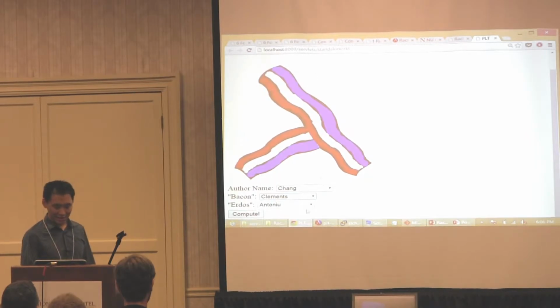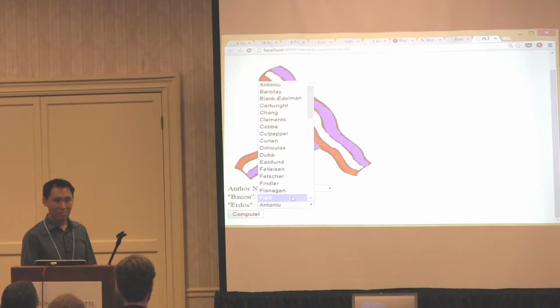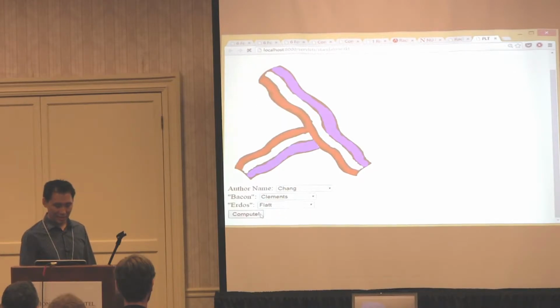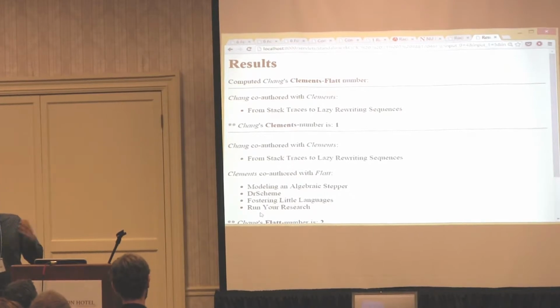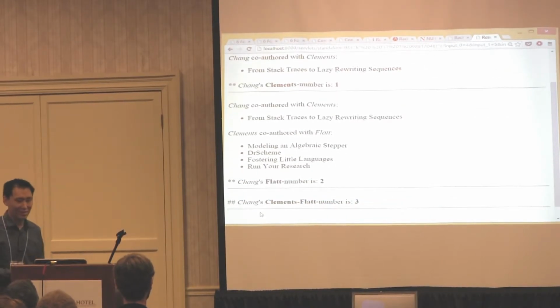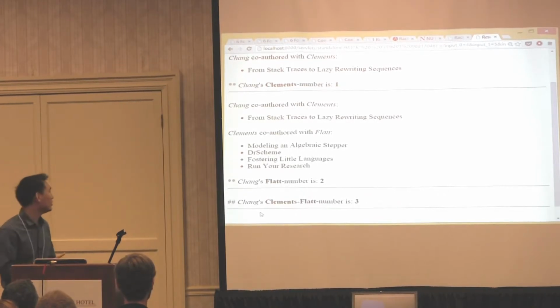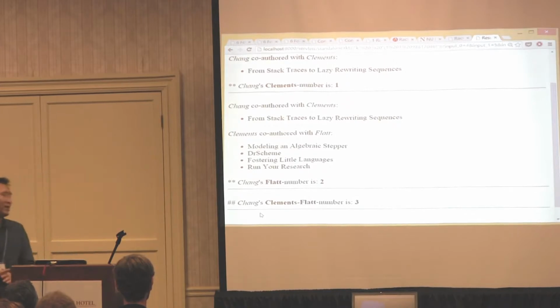And for Erdos, how about Matthew? So we can compute. My Clements number: I published a paper with John, so my Clements number is 1. I have not published a paper with Matthew yet, but John has published a paper with Matthew, and so my Clements-Flatt number is 2, so my Clements-Flatt number is 3.